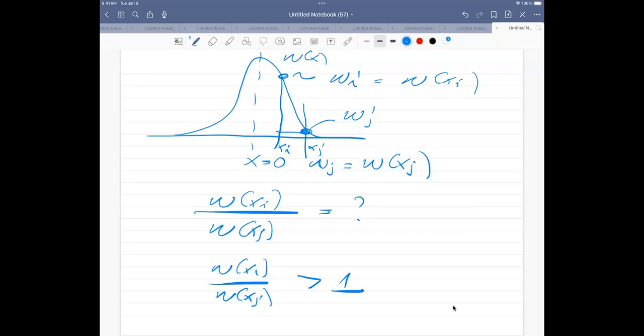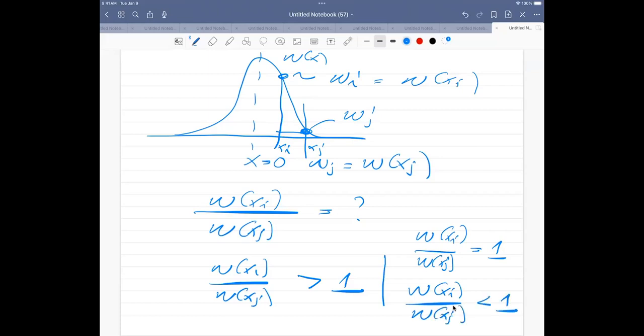So we need to also have the case where Wxi over Wxj is equal to 1. That means you stay in the same place. And we need also Wxi over Wxj smaller than 1. Okay? So these are the 3 cases.